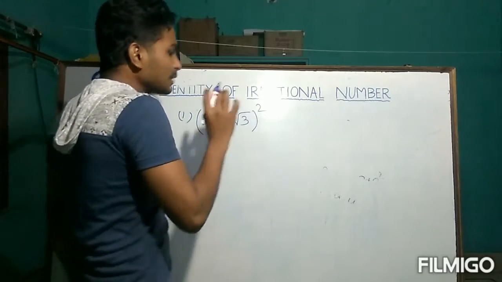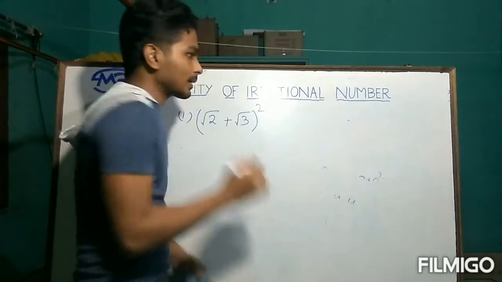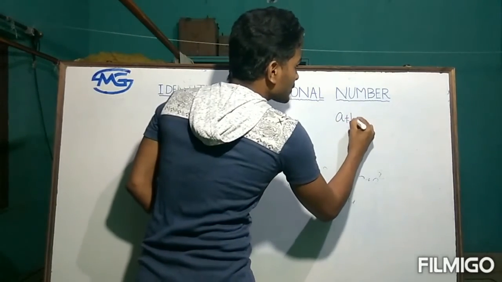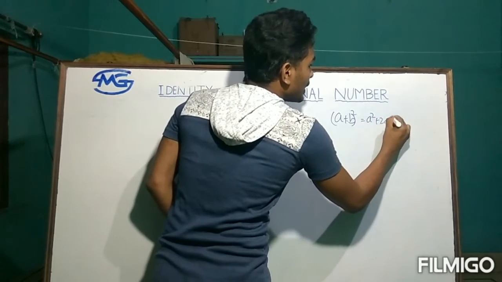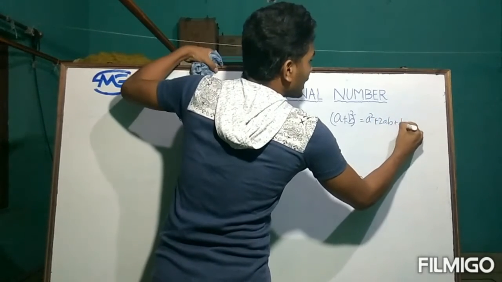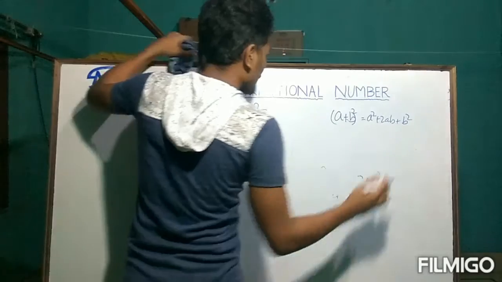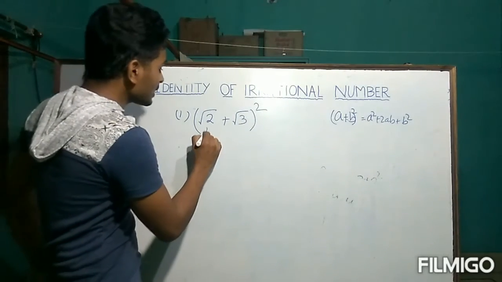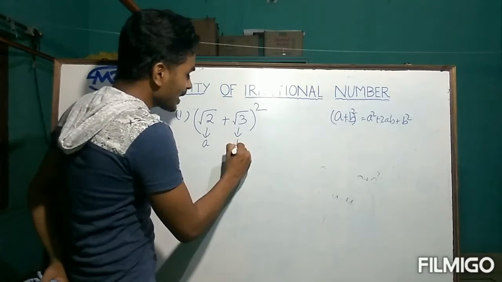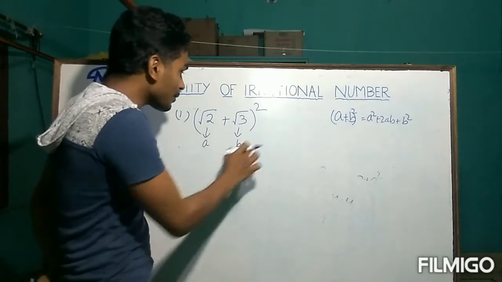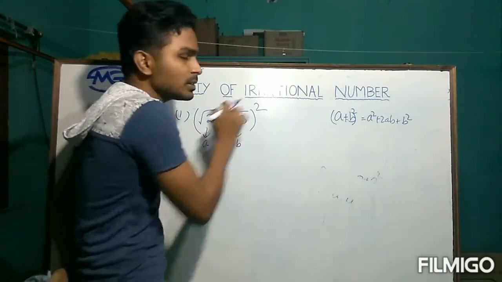As we know from identity rule 1, (A plus B) whole square is A square plus 2AB plus B square. Here let us say the first term is A and the second term is B, so it is in the form (A plus B) whole square.